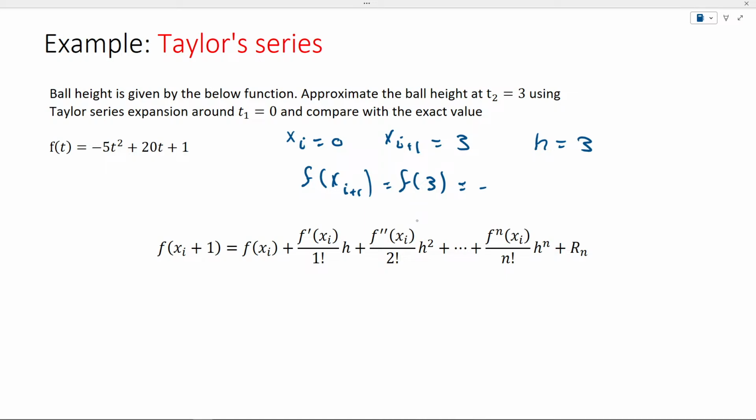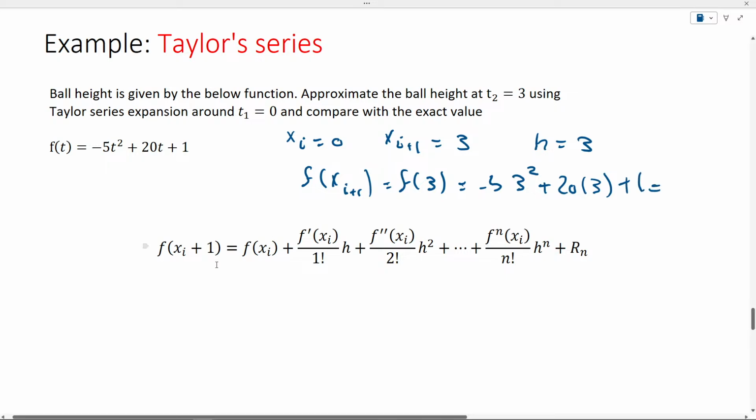So that would be minus 5 times 3 to the power 2 plus 23 plus 1. And if I substituted here, the exact solution, you will get something like 16.